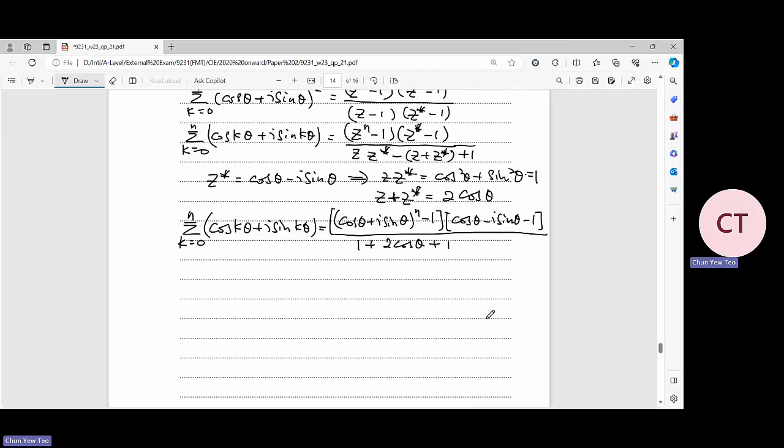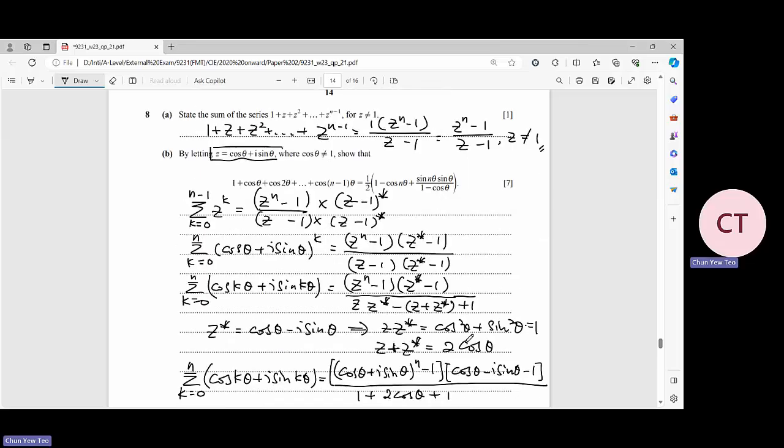So we can write like this. Then what you need to do now, because the question, you can see, only wants cos, very obviously they want to consider the real part.